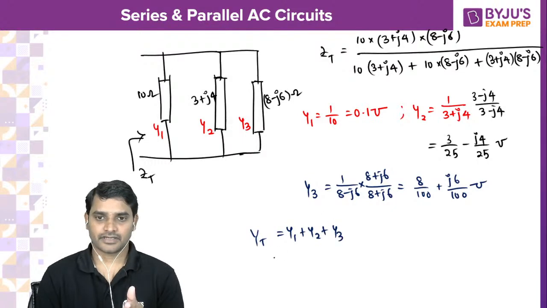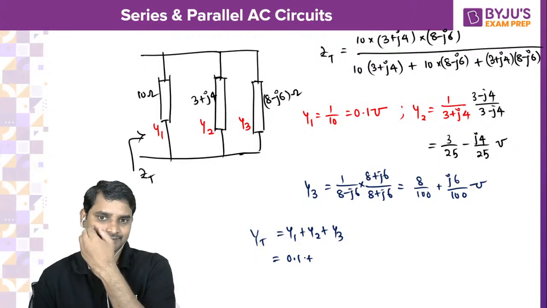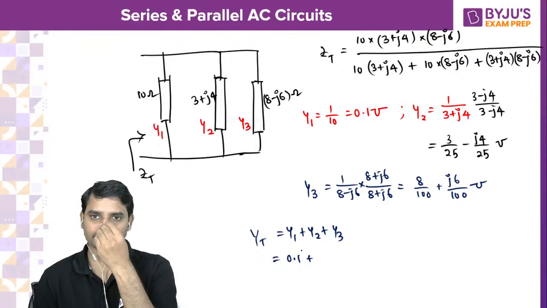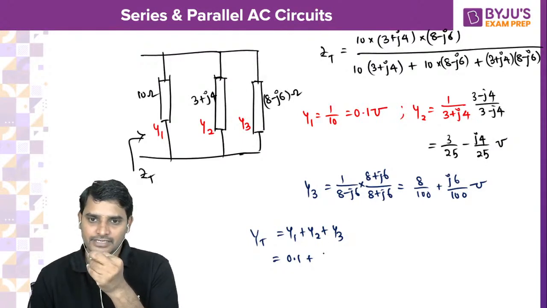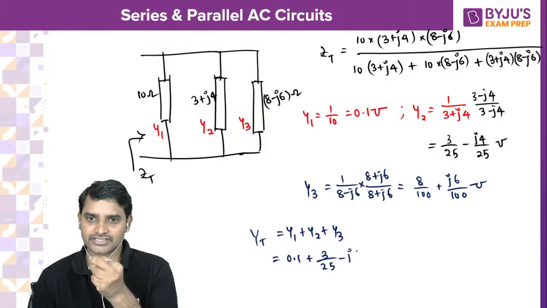Add them up: y1 is 0.1, y2 is 3 by 25 minus j4 by 25, y3 is 8 by 100 plus j6 by 100.